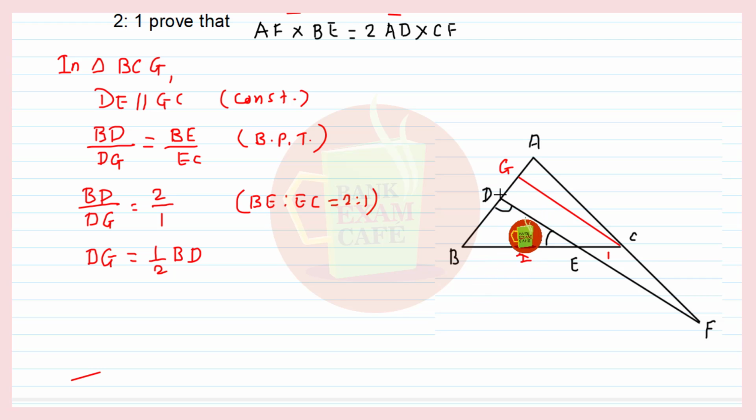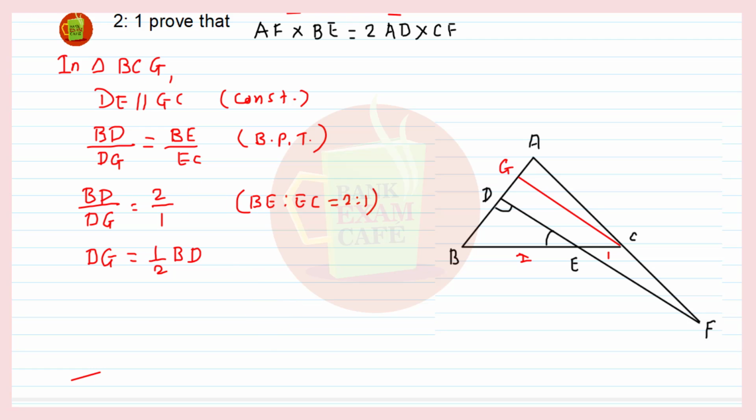But if you see here in triangle DBE, these two angles are equal, and therefore the sides opposite to the equal angles will also be equal, and therefore BD will be equal to BE by reason: sides opposite to the equal angles are equal.